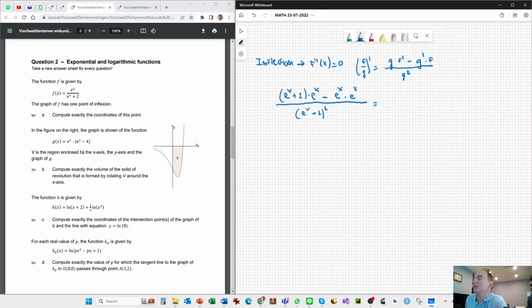So how can we simplify this? Obviously there's a common factor.